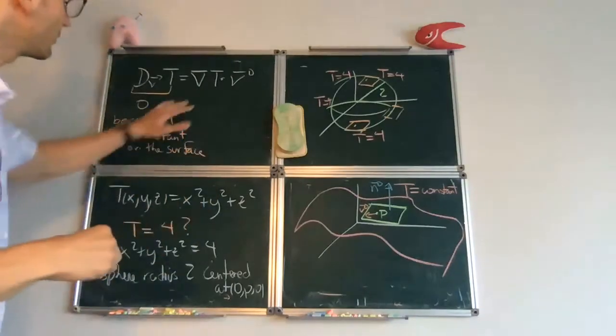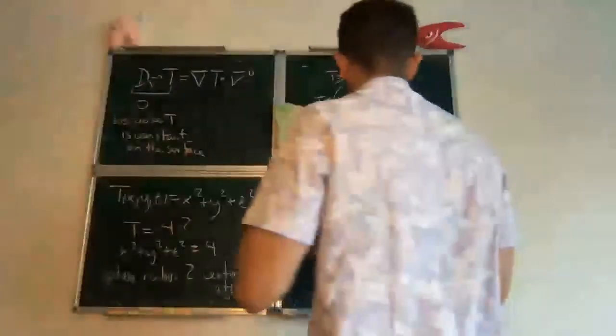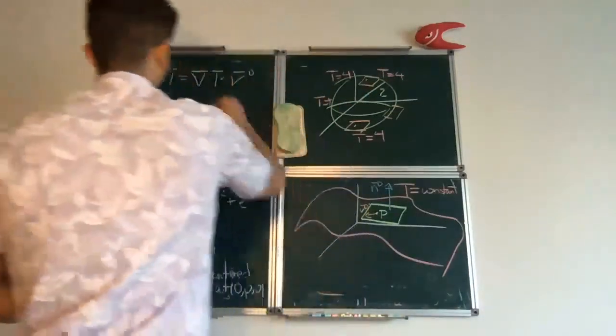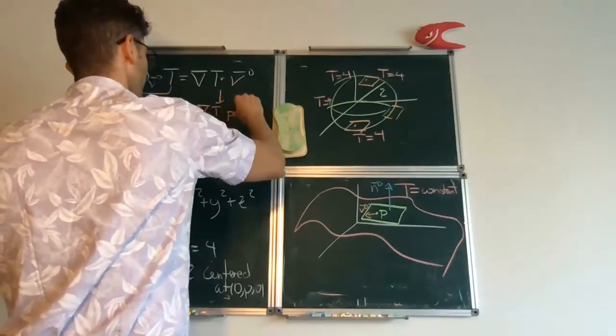So that means that the gradient has to be perpendicular to the direction vector. Okay? And so that means that the gradient is perpendicular to the plane.